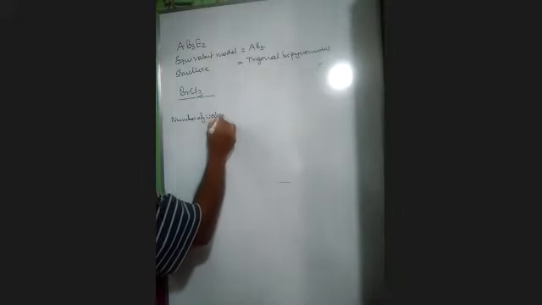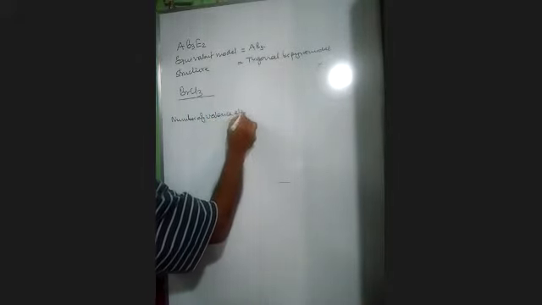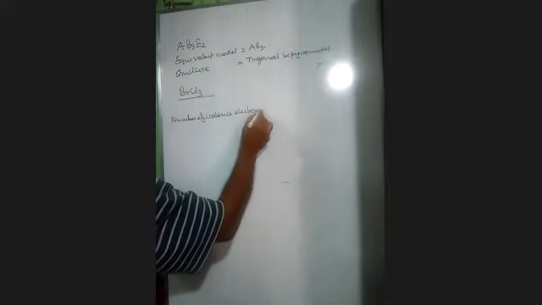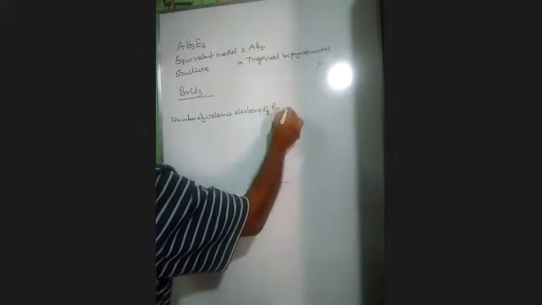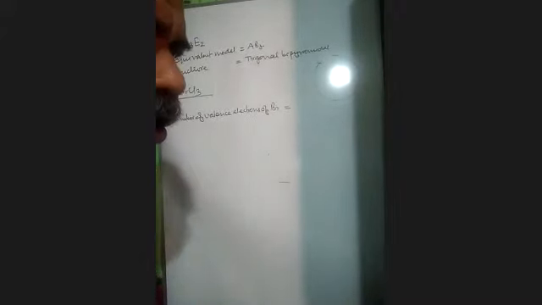How many electrons do you have in the valence shell of halogen: fluorine, chlorine, bromine, iodine? 7.